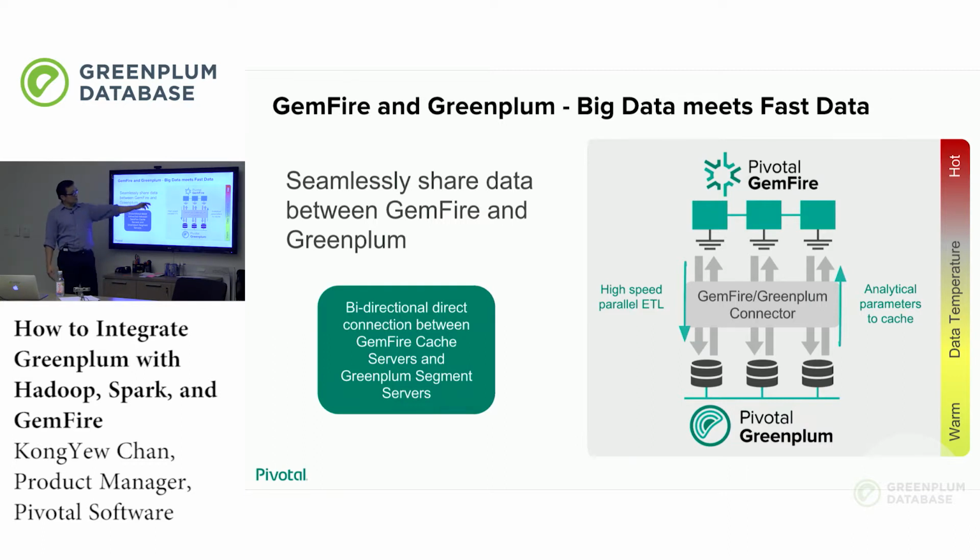As you can see on the right side of this presentation, there's a warm and a hot. Hot means data that needs to be accessed frequently, a large amount of data with a large number of requests. Warm means not as many requests are required. So what we have built is a connector that allows you to transfer data in a bidirectional form.